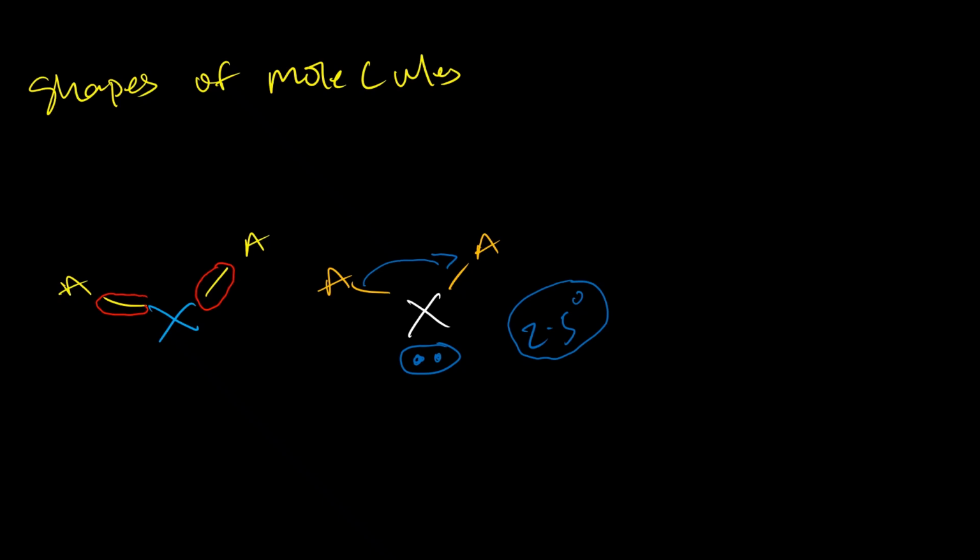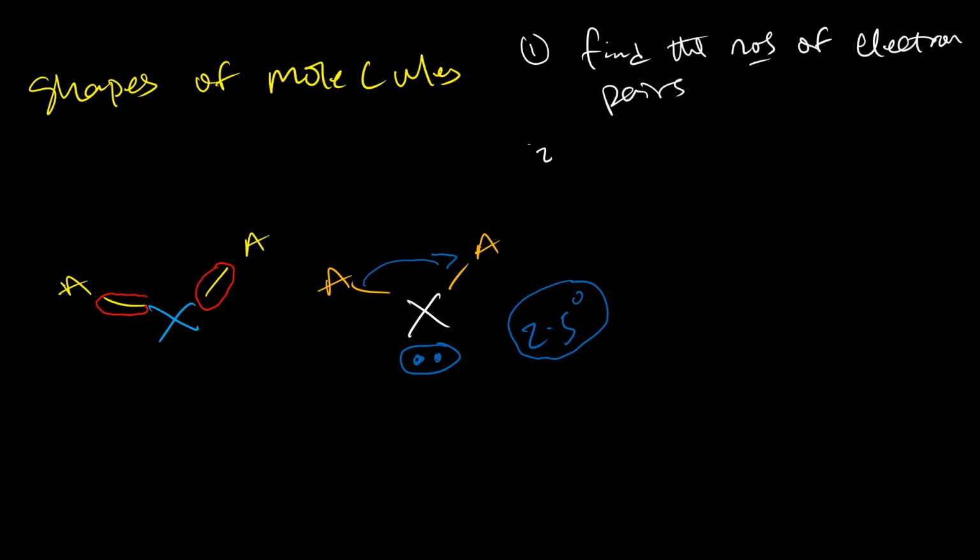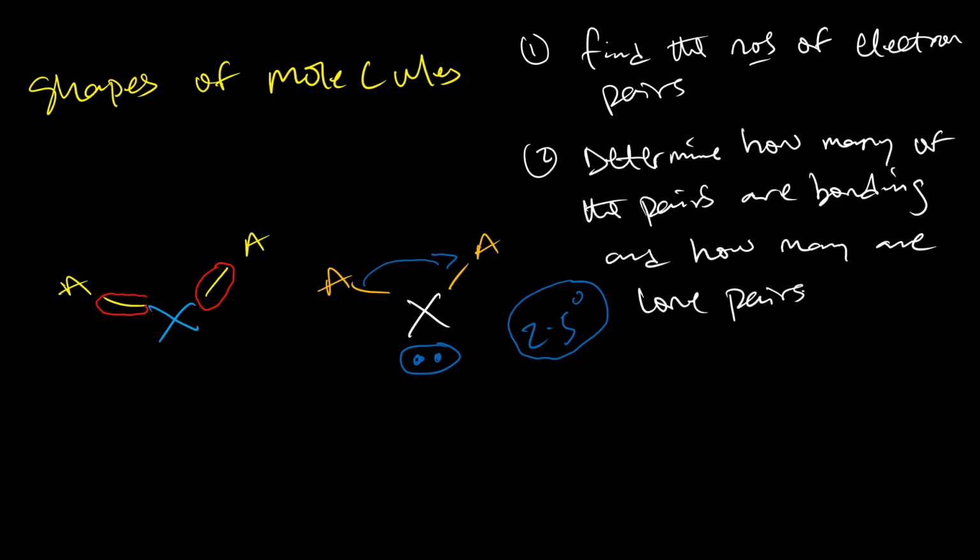So to determine the shapes of molecules, there are a couple of things you need to take note of. The first thing is to find the number of electron pairs. Number two, you are going to determine how many of the electron pairs are bonding and how many are lone pairs. These are the things that you need to determine before you get to know the shapes of the molecules.